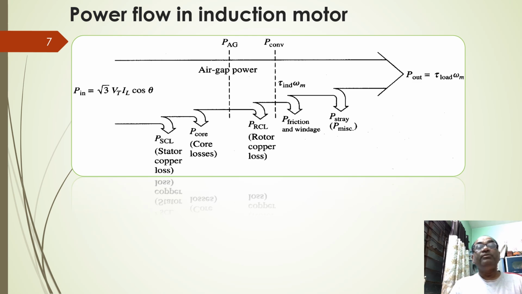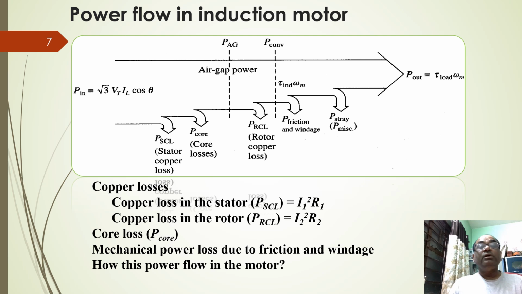Now here is the power flow diagram of the induction motor. The net power that is taken by the stator is Pin, which is equal to root 3 into terminal voltage and line current multiplied by the power factor. That is the power taken by the stator. But a stator winding has some resistance.